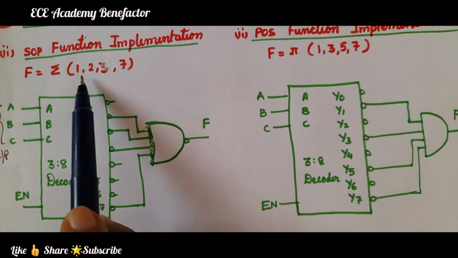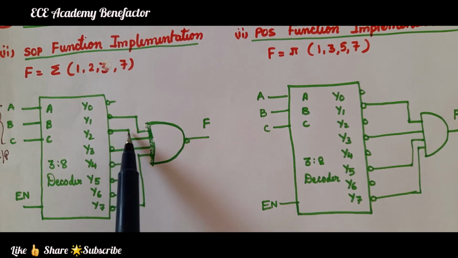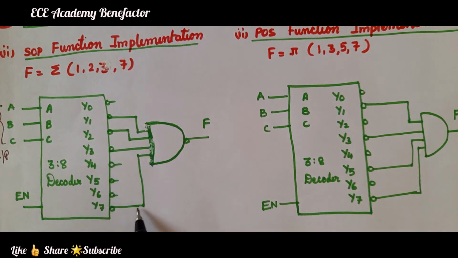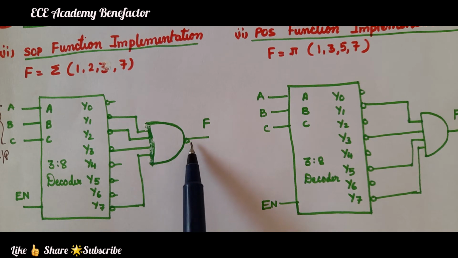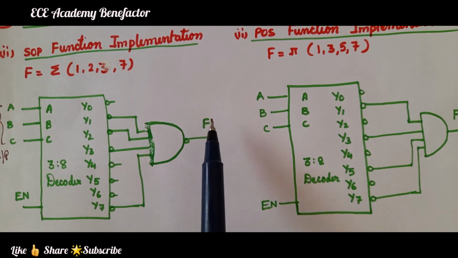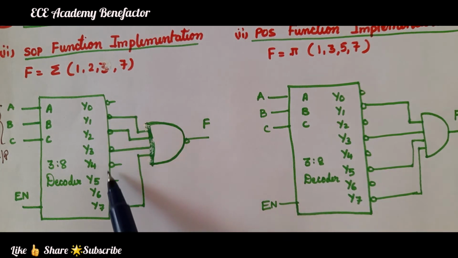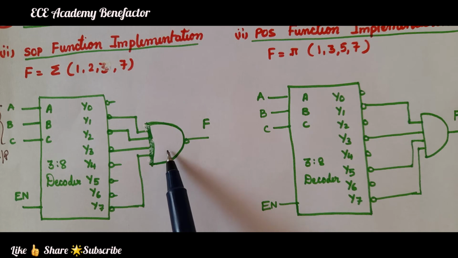Now the function is 1, 2, 3, 7, so we connect Y1, Y2, Y3 and Y7 to a NAND gate to generate the function f. So for active low output you need to remember that at the output you connect bubbles, and you give the outputs to a NAND gate for SOP function.